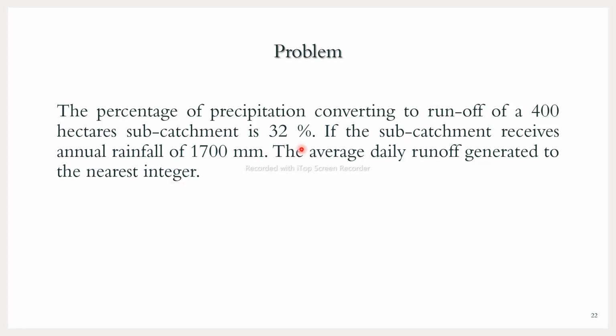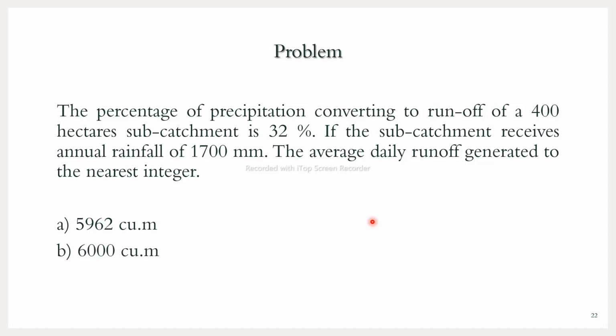So here the annual rainfall is given in millimeter unit. The runoff is provided as a percentage of precipitation, and it is 32%, and the surface area of the catchment is provided. Why? Because the rainfall is in millimeter terms, you have to convert it into a volumetric term.